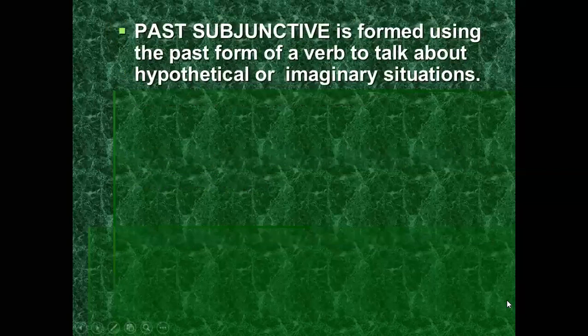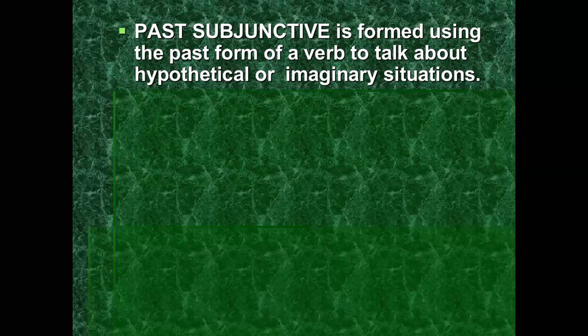Now let's talk about the past subjunctive. The past subjunctive is actually formed using the past form of a verb, and it is used to talk about hypothetical or imaginary situations, the situations which are not factual.